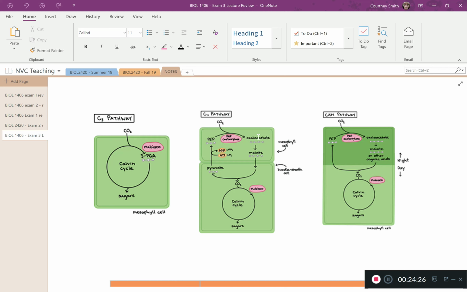So while they are constantly fixing carbon dioxide, there is an abundance of it inside the cell. And once daytime occurs, they can undergo the Calvin cycle. Okay. Yep, I believe that's the big picture that I wanted to touch base on.